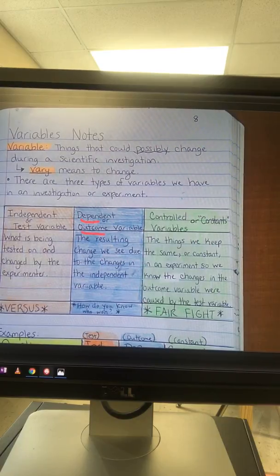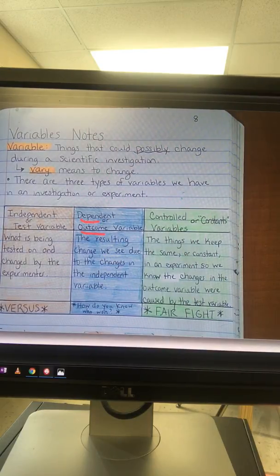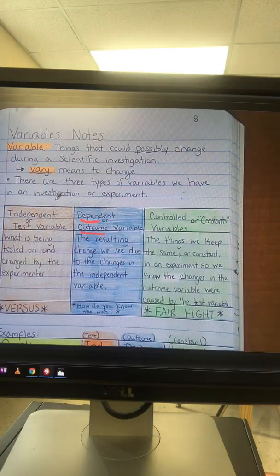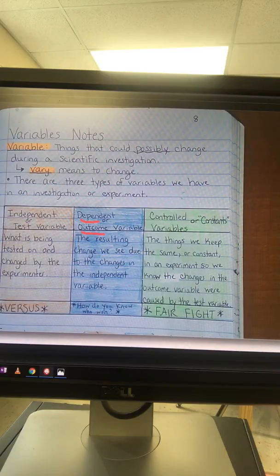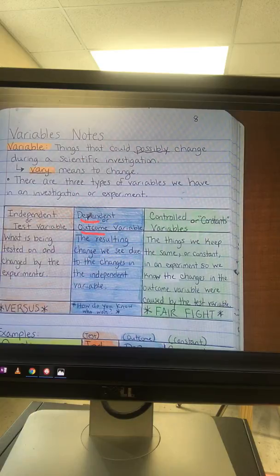You need to know it as both. Your dependent variable depends on the changes you make in your independent variable. So the value of the dependent variable depends on the value you changed in the independent variable.